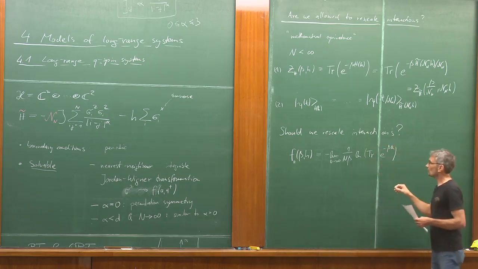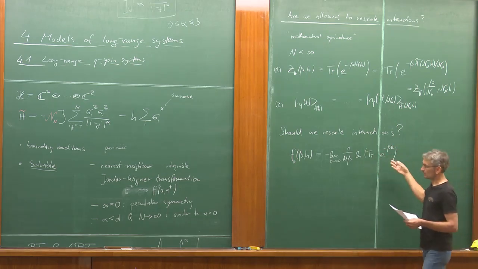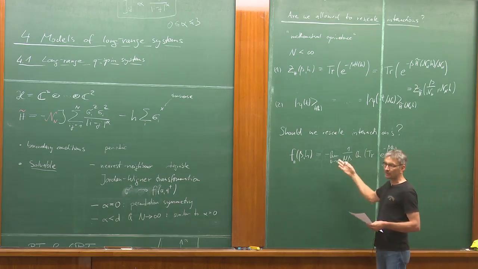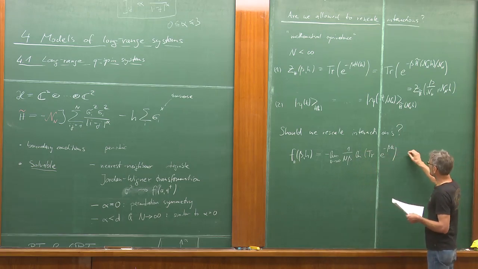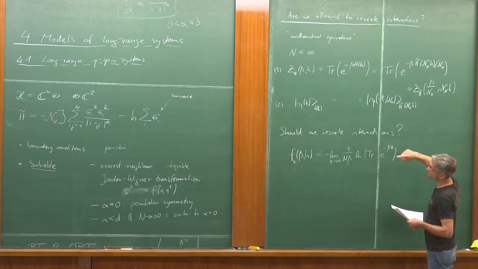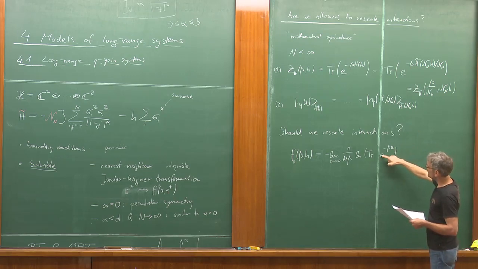Now I'm going to make the argument that Shamik was mentioning briefly before: because of the non-extensivity of the Hamiltonian, you have e to something that is overextensive.